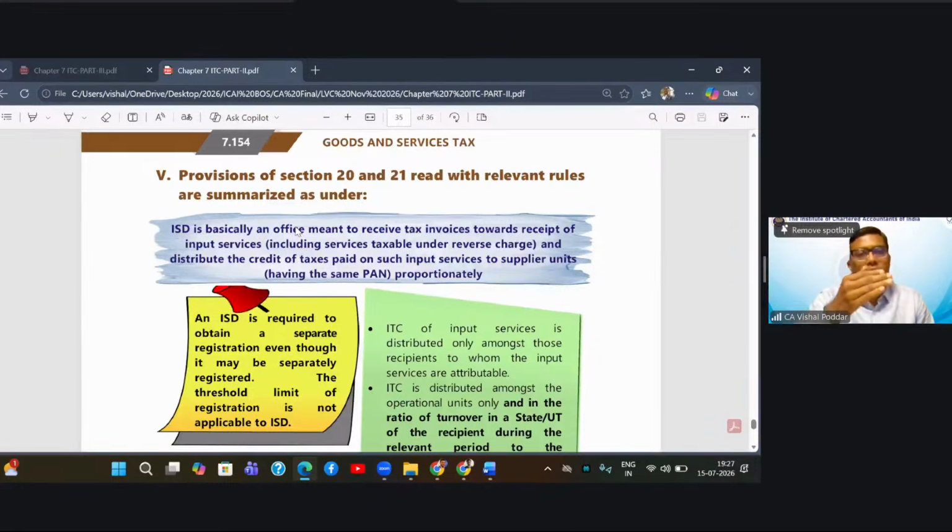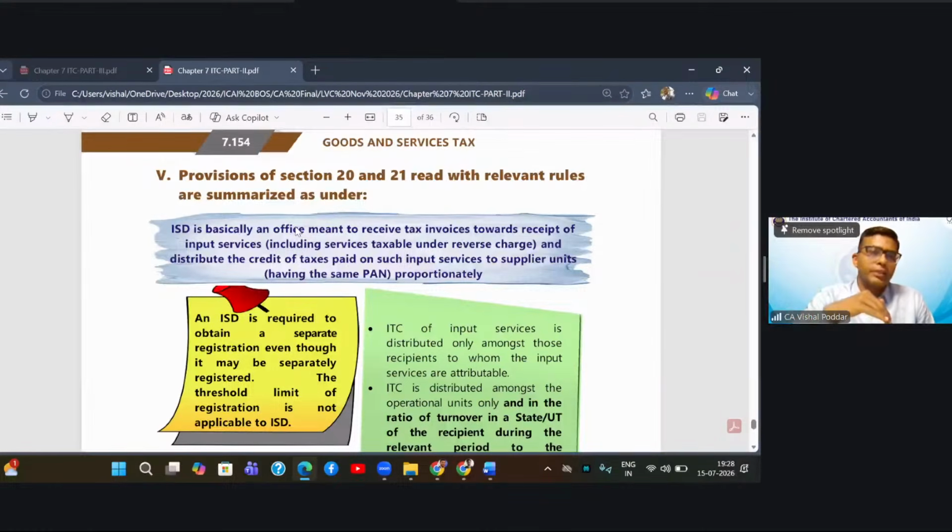Now, this head office, which gets common expense invoices, let it be registered as a special category, which is ISD, Input Service Distributor. So this corporate office will now have one more registration besides the normal regular registration, a special registration called ISD.